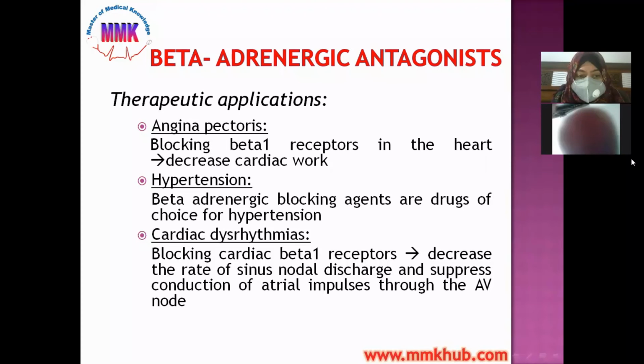It is also used for patients who are having arrhythmias or dysrhythmias, because by blocking the cardiac beta 1 receptors, there will be a decrease in sinus nodal discharge, which means decreased chronotropy, and suppressed conduction of atrial impulses through the AV node, which means decreased dromotropy. So the beta blockers will lead to negative chronotropy, negative inotropy, and negative dromotropy.